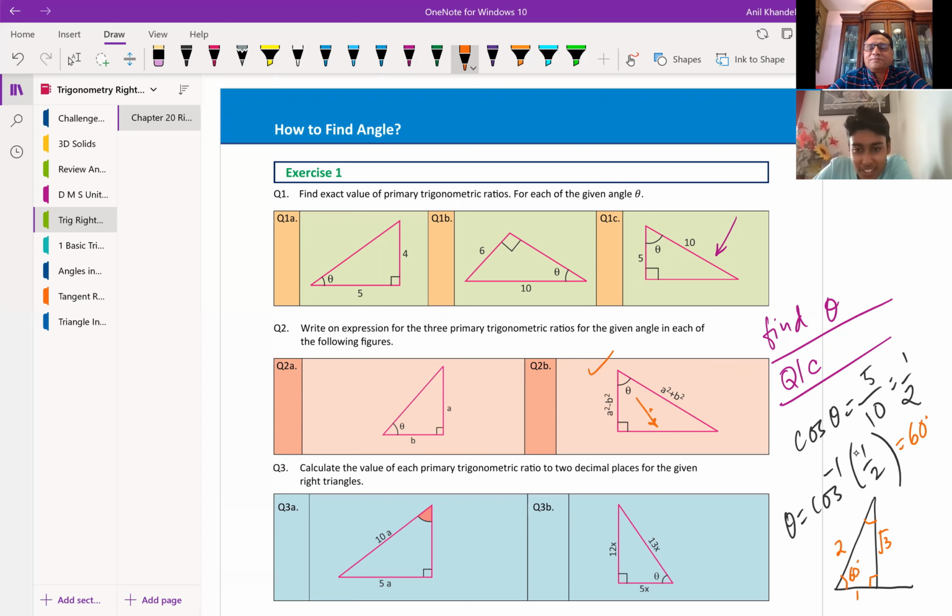So a square plus b square, whole square, minus a square minus b square, whole square, under the square root will give you this particular side. Do you see that? No, sir, I'm lost.